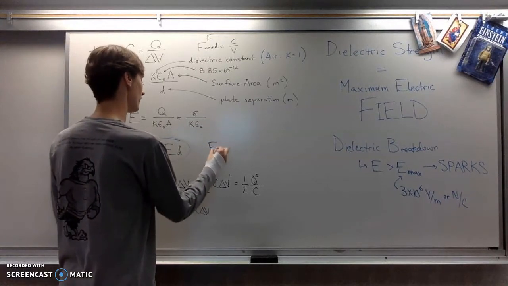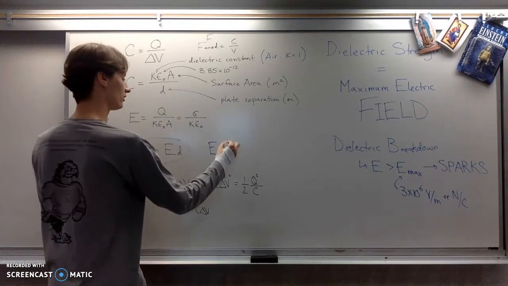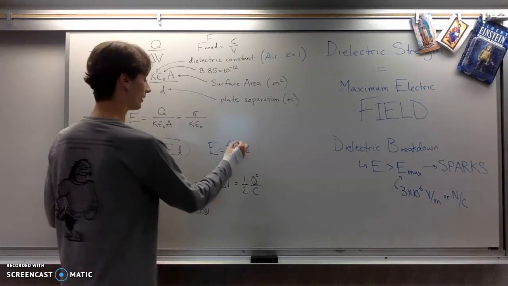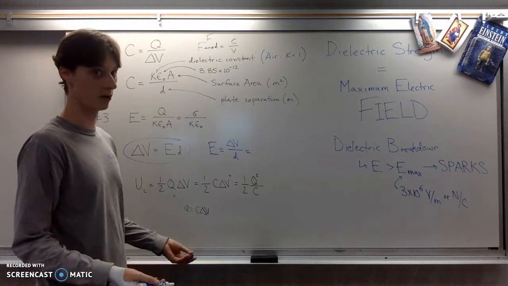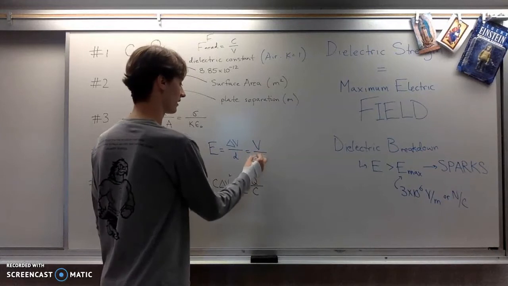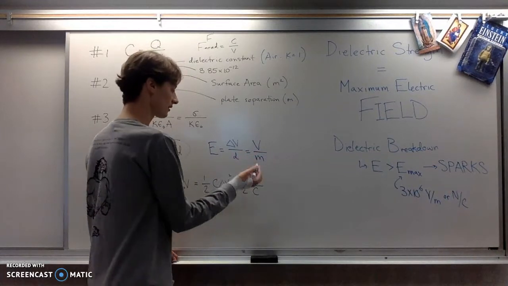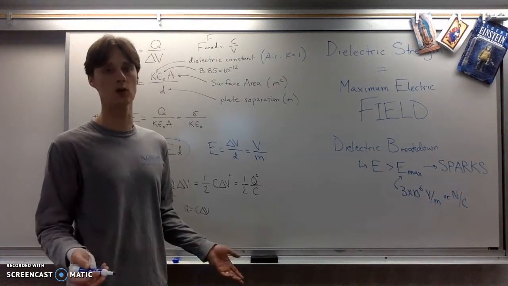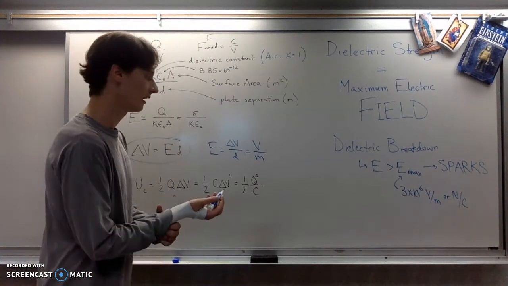So if you solve that equation for electric field, you get delta V over d. Well, delta V is measured in volts, and plate separation is measured in meters. So an electric field is measured in volts per meter or newtons per coulomb.